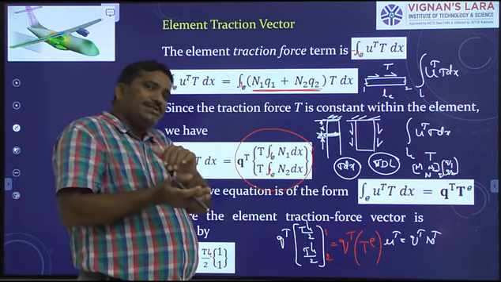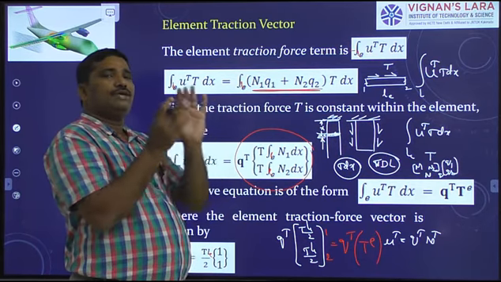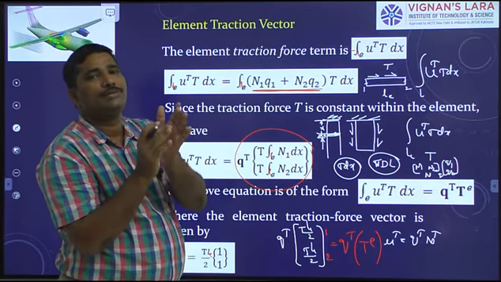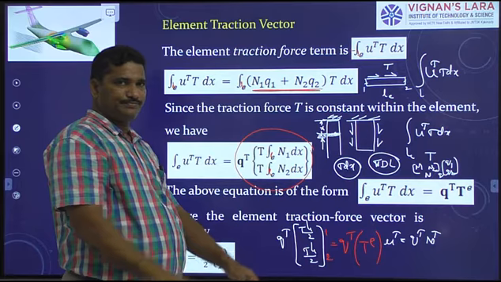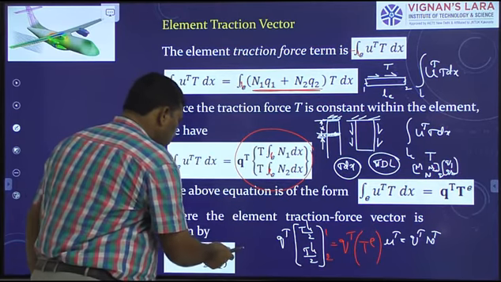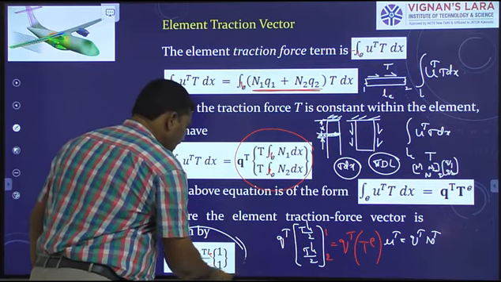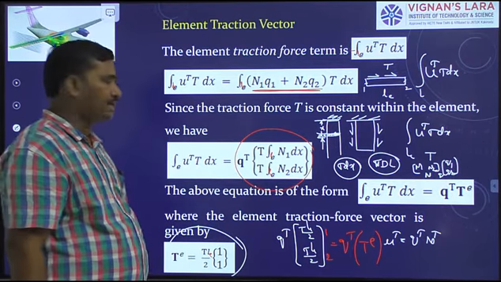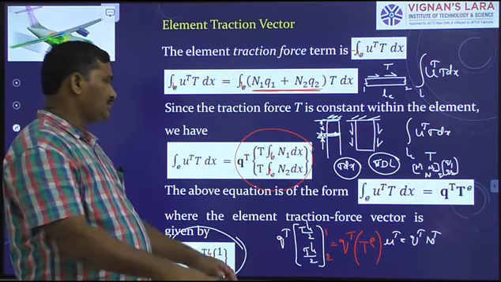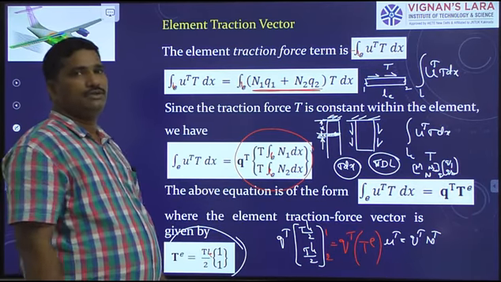This TLE is equally shared by both the nodes. So at node 1, TLE by 2 we have to consider, and at node 2, TLE by 2 we have to consider. Understand? This is how one can derive the element traction vector: TE equals TLE by 2 into a column matrix with elements 1 and 1.